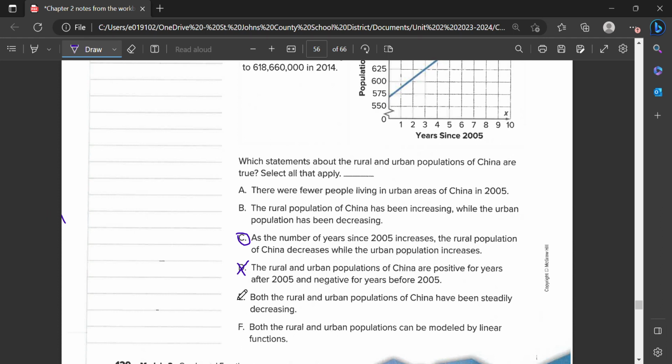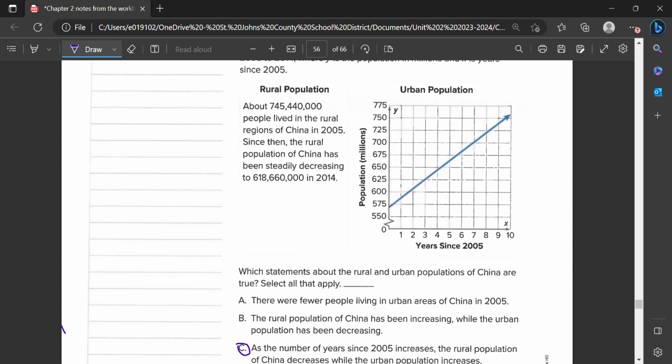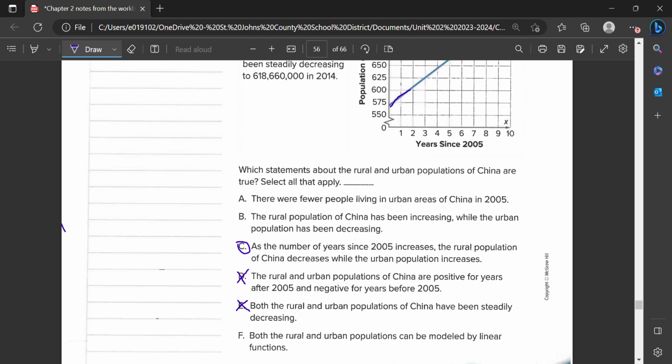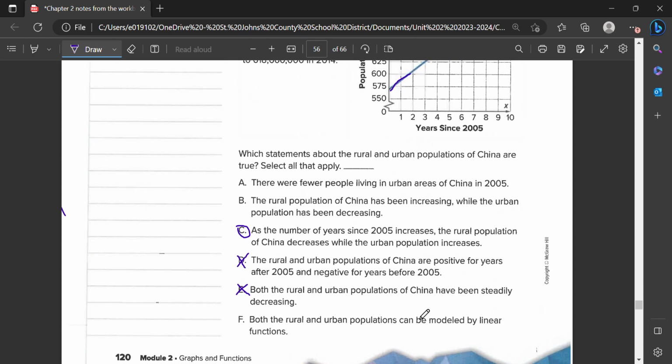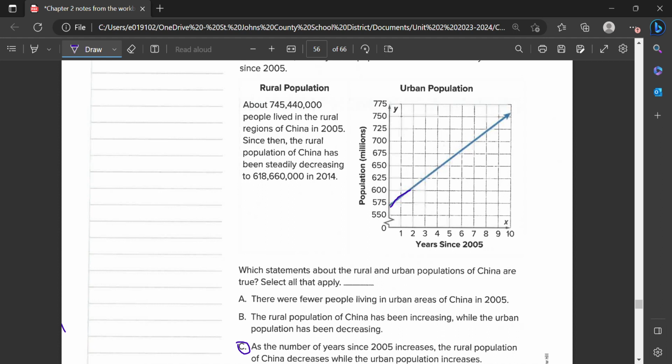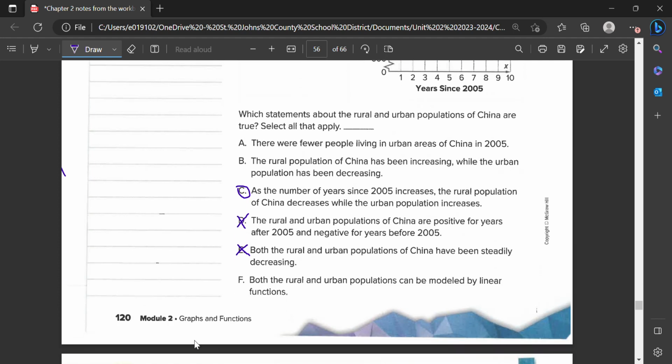Well, we can see that's not true. Based on the graph, the urban population is going up. It's increasing. So it's definitely not decreasing. Both the rural and urban populations can be multidimensional functions. I would say yes, because the rural is steadily decreasing, and the urban population is steadily increasing.